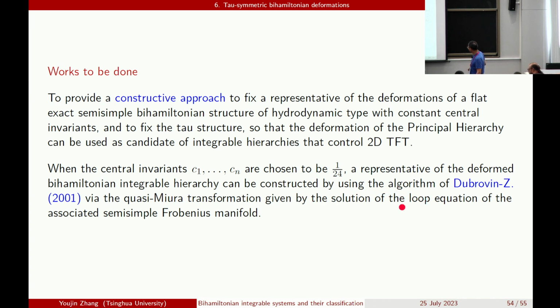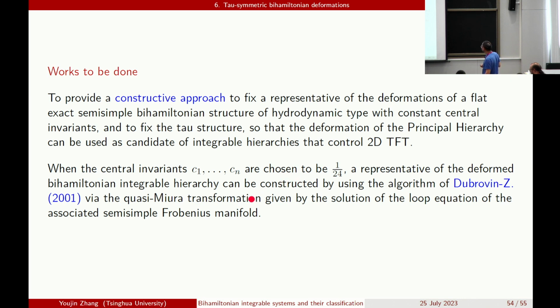And from the solutions of the loop equations, we can find certain quasi-Miura transformations which transform the dispersionless hierarchy to the deformed, full integrable hierarchy. So in this way, we can give a constructive construction of this integrable hierarchy.